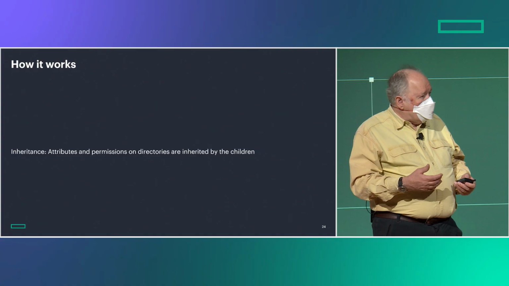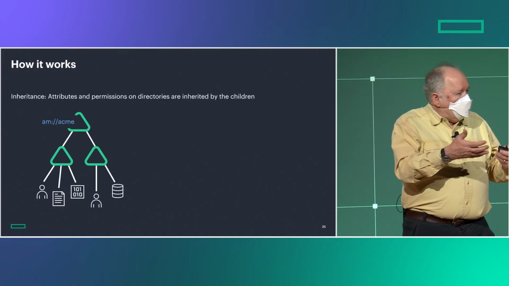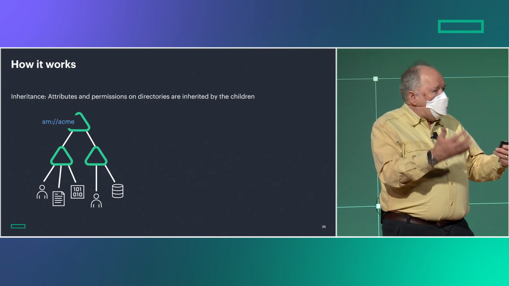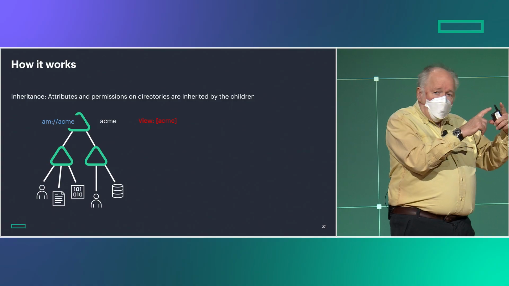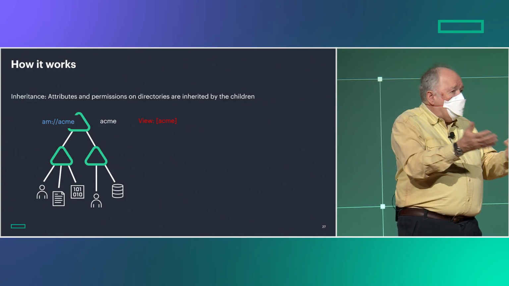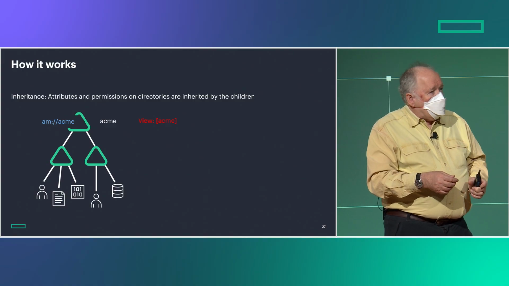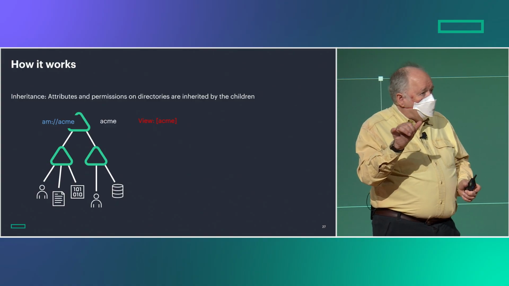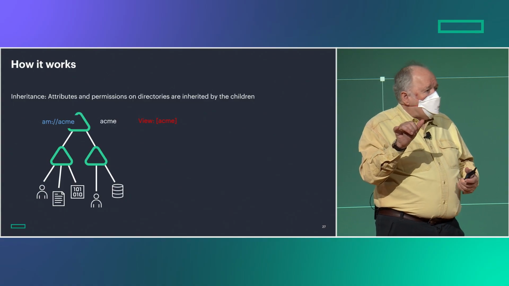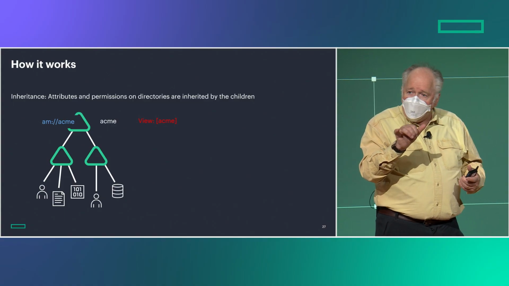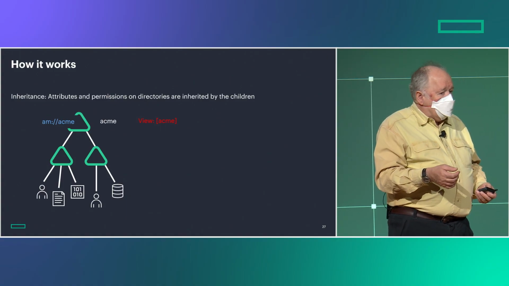And then inheritance is the last mechanism that we have. That tree that we saw of organizations and users before, we could put an attribute at the top level, say that this is the Acme Corporation of Roadrunner fame, and put that attribute on there, and we put a view permission on that. This says that only workloads and users that have the Acme attribute can even see the Acme organization.